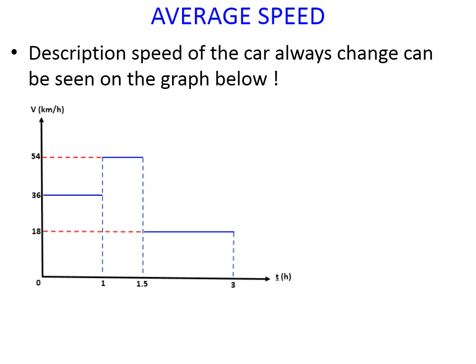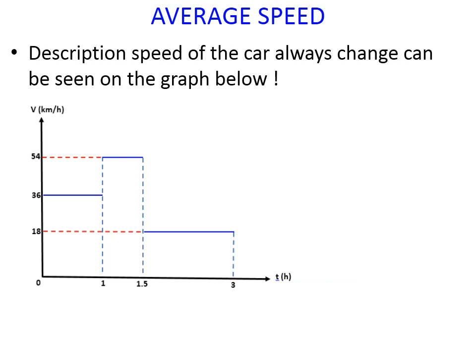This is shown by the first blue straight line. And between the time interval 1 hour and 1.5 hour, the car moves with a constant speed of 54 km per hour. This is shown by the second blue straight line.